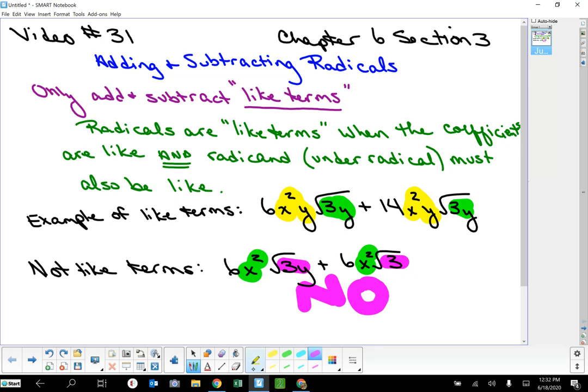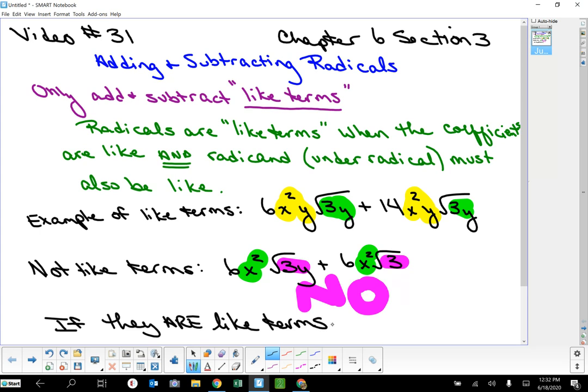They would have to stay as two completely separate terms. Okay. Now, if you are adding them together, take a look at the problem up above. If they are like terms, you simply add and subtract the coefficients.